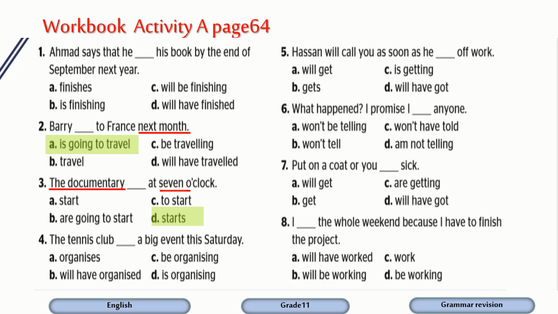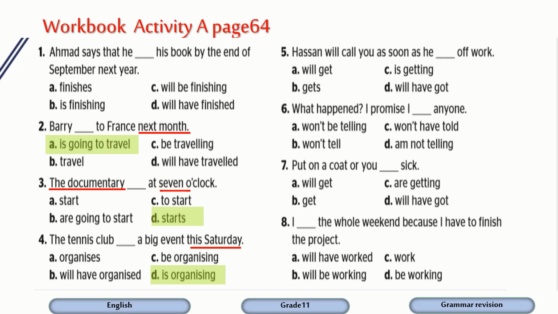The tennis club, a big event this Saturday. So we are talking about something planned by the tennis club and planned for this Saturday. And for the future plans, we use the present progressive. So the answer is organizing. Is organizing, verb to be plus verb in the ing.